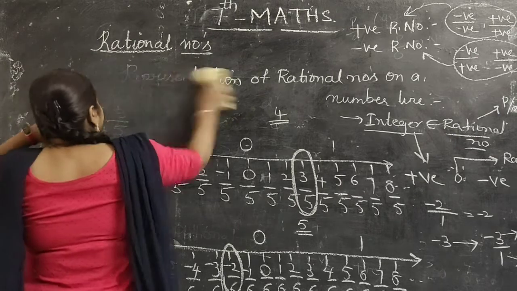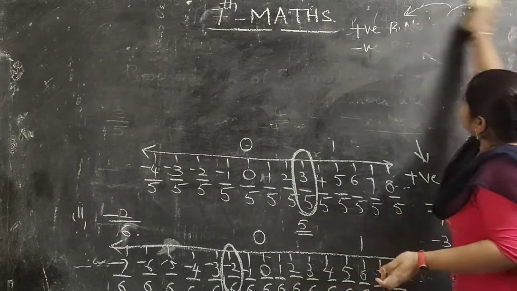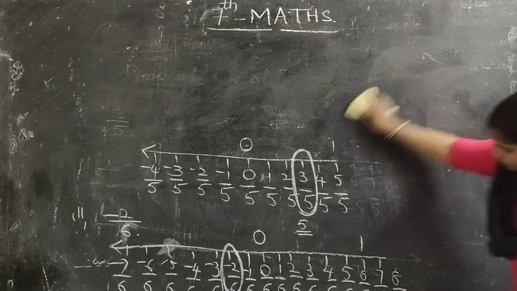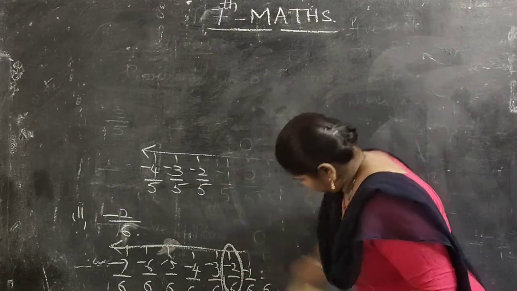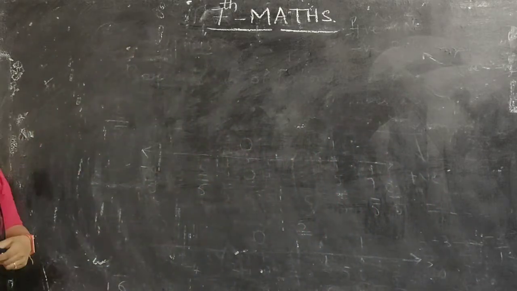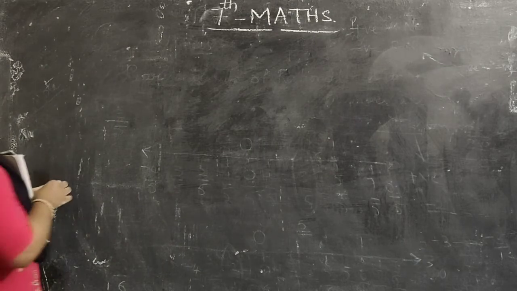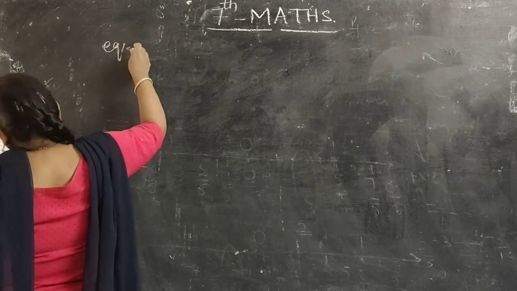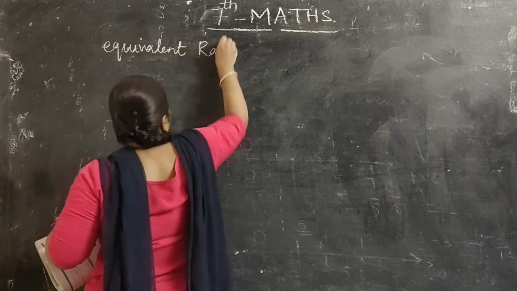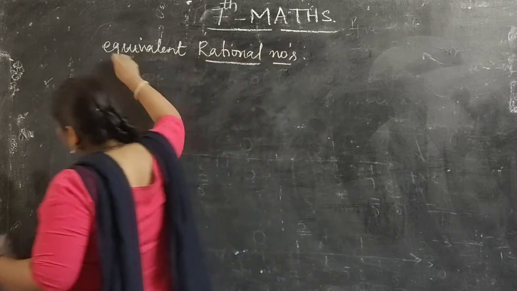Next is equivalent rational numbers. So how to find these equivalent rational numbers, we will see.